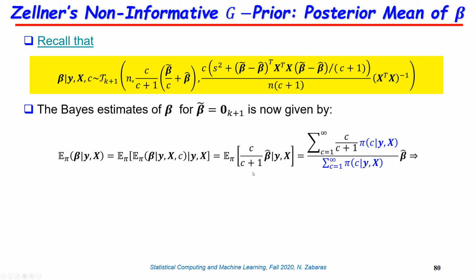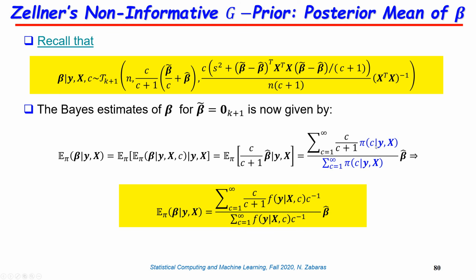So this is the expectation of beta given C. And then what I need to do is take an expectation of all the terms that involve C. So the beta hat, the MLE estimate, goes outside. And then what I have is C over C plus 1 times the posterior of C, and I write this as an unnormalized posterior divided by this summation to normalize it.